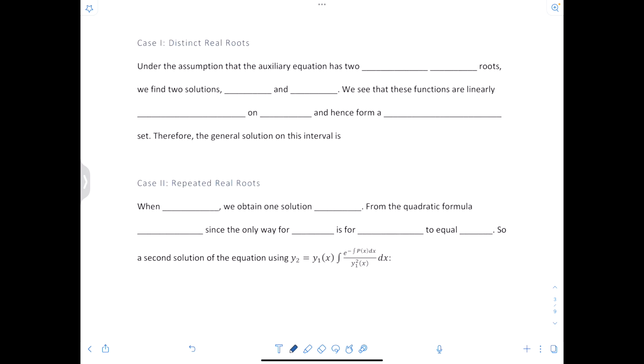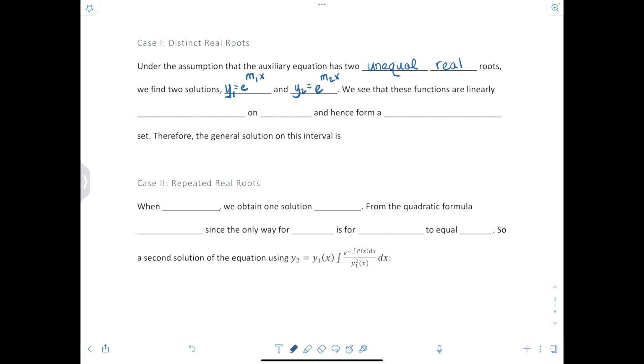Distinct real roots. Well, when we have distinct real roots, under the assumption that the auxiliary equation has two unequal real roots, we find two solutions. The first one would be y equals e to the m1 times x, and that would be for y1. y2 would be equal to e raised to the m2 times x.